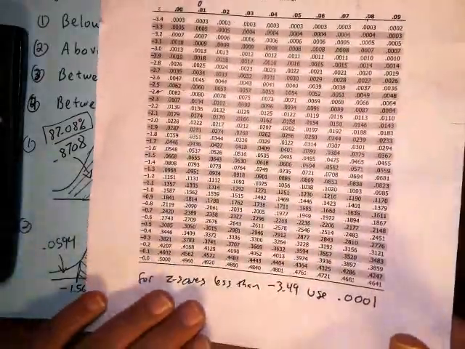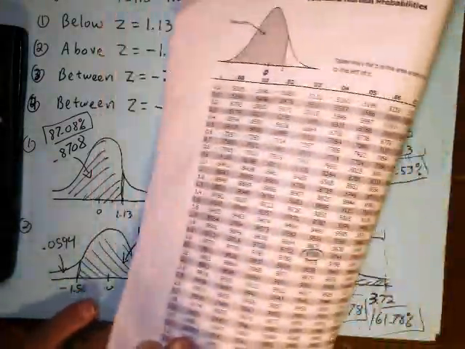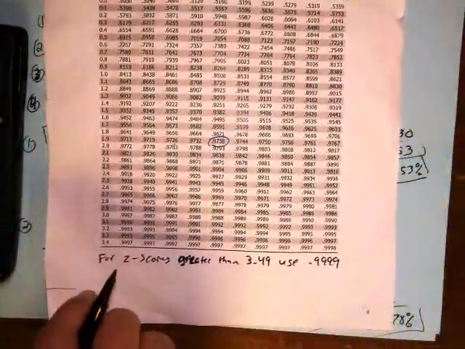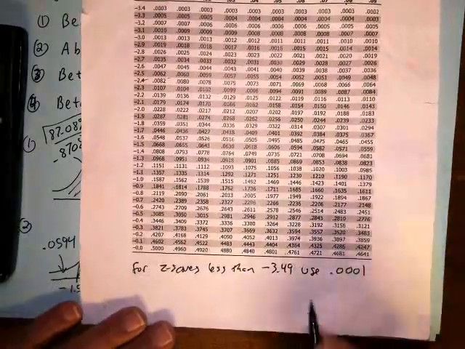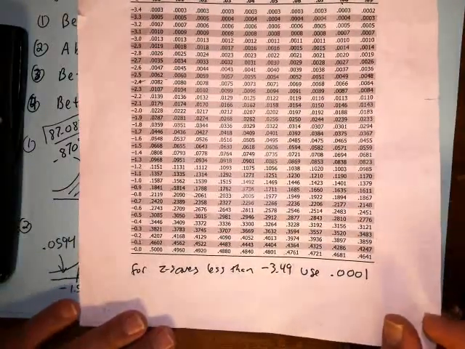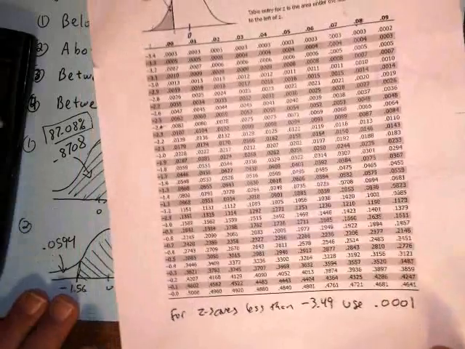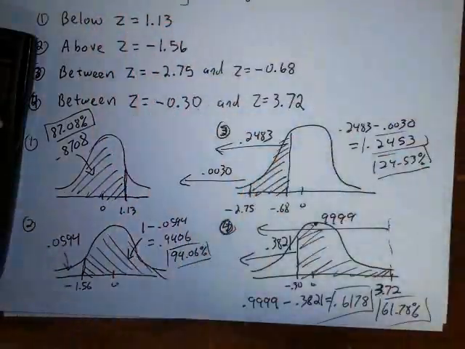So for anything bigger than 3.49, you're going to use 0.9999. That's the best you can do without being 1. Anything less than negative 3.49, you'll use 0.0001. It's the best you can do without being 0. Okay?